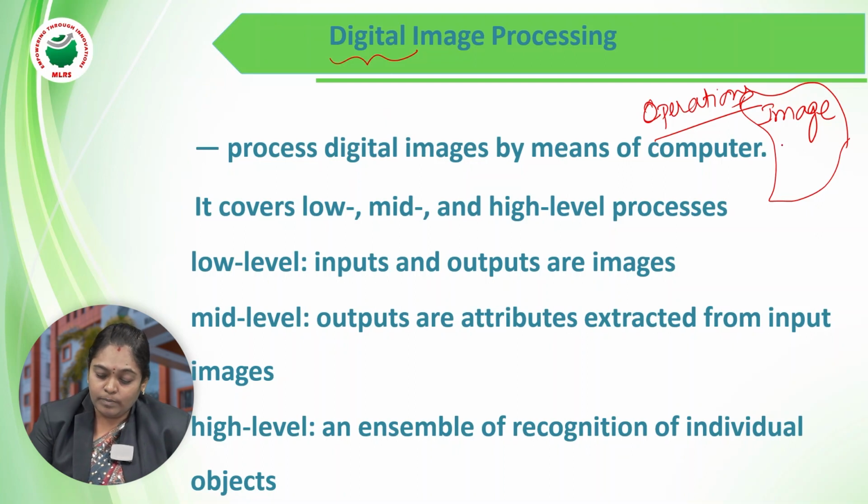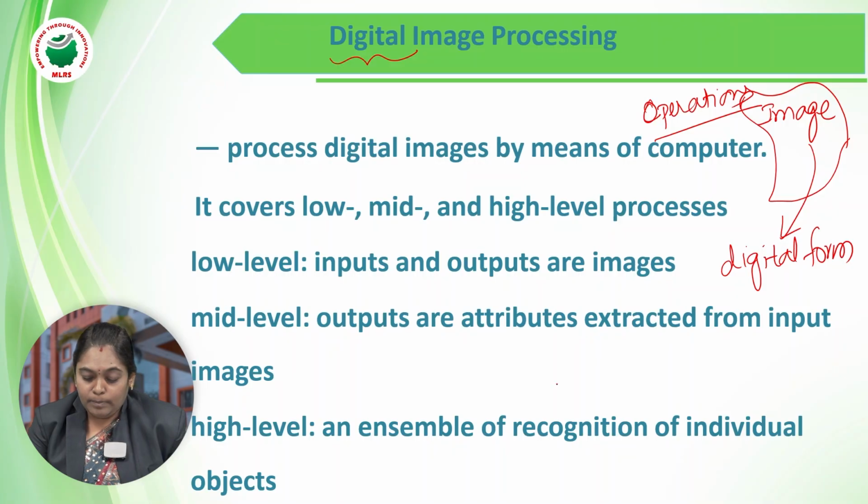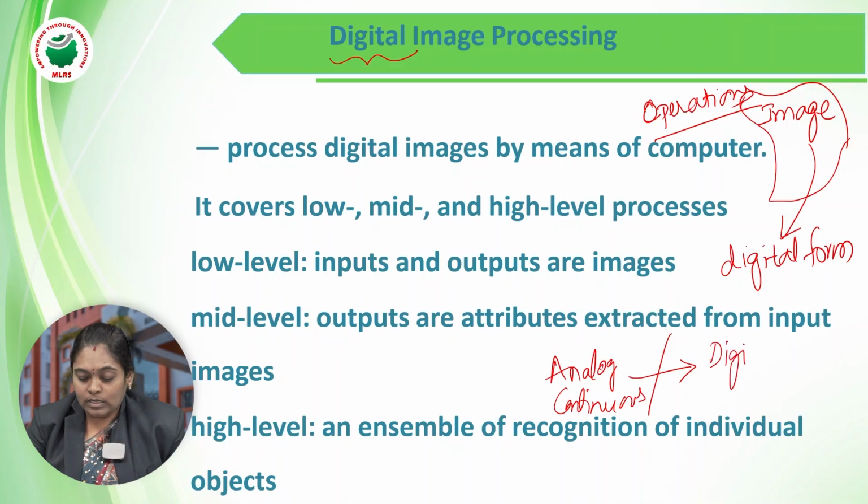So the image should be converted into a digital form. If my image is an analog image, or a continuous image, I need to convert this continuous image into a digital image, which consists of only two values, that is 0 or 1.